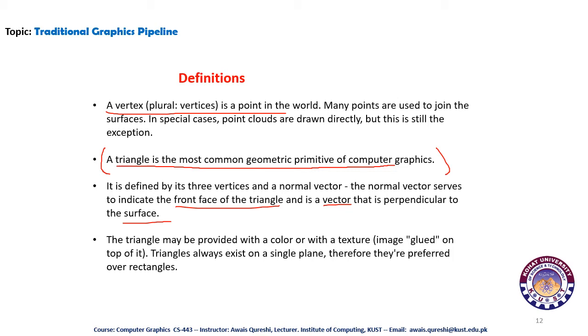The triangle may be provided with a color or with a texture which is glued on top of it. Triangles always exist on a single plane, therefore they are preferred over rectangles. So rectangles are not so preferable, but triangles are, because triangles always exist on a single plane, and it is not the case with rectangles. That's why they are preferred.